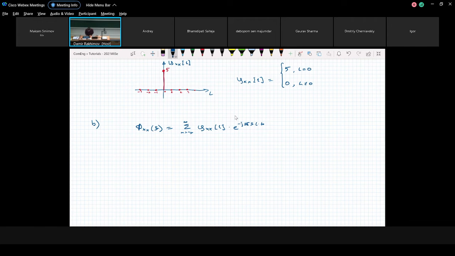We can write that our power spectral density is just what we have for L equals 0: 5 times e to the minus j 2 pi f times 0 times T0. The exponential transforms into 1, and we get that our spectral density is a constant function.